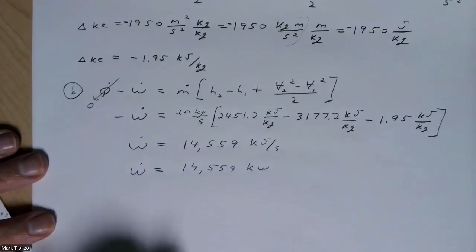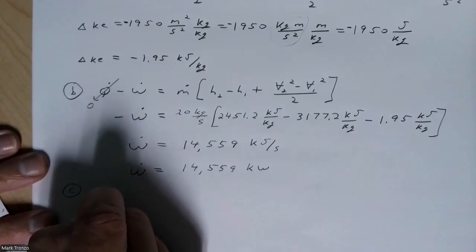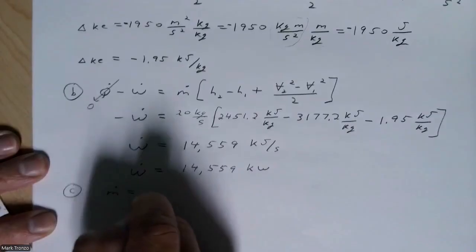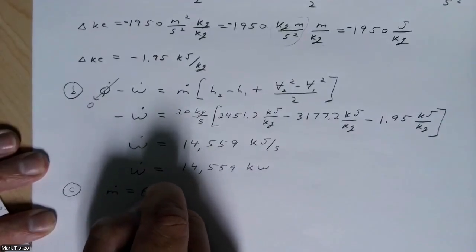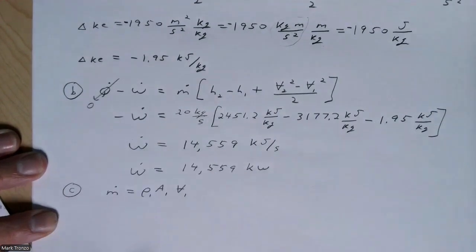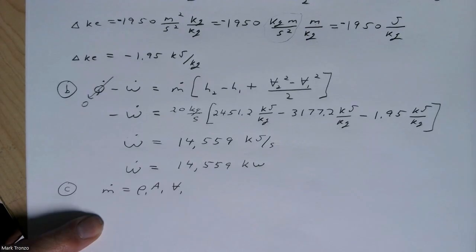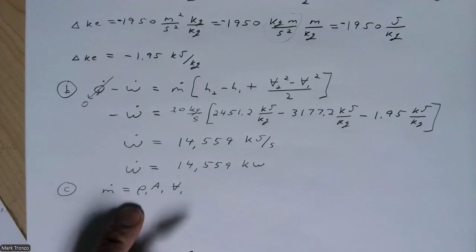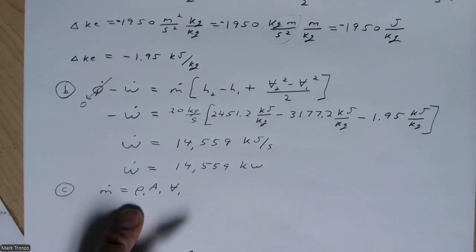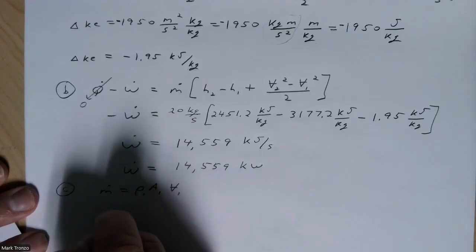And finally, the turbine inlet area. And we can use this to calculate that. We know the mass flow rate. We can find the density from the specific volume. And let me actually write that down just to be clear to everybody.